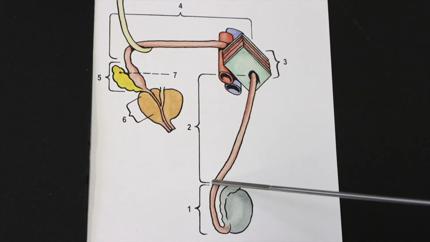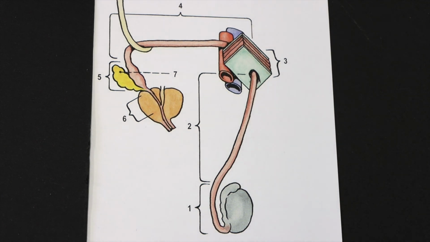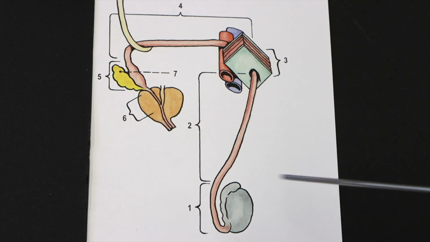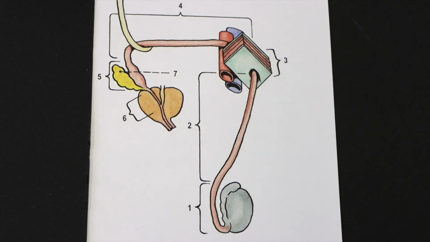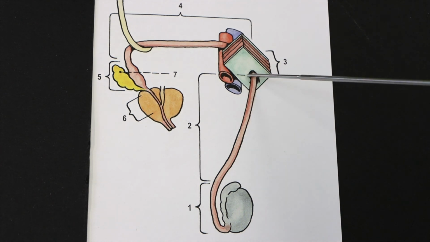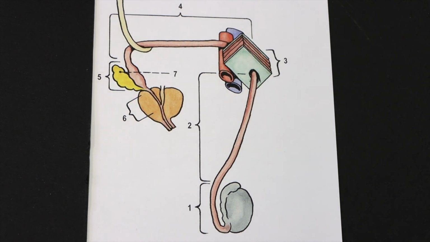Then the ductus deferens enters the structure called the spermatic cord, or funiculus spermaticus. It goes together with the vessels, and I'm going to discuss the structure of the spermatic cord. Then it enters the inguinal canal, so here it is called the inguinal part of the ductus deferens.